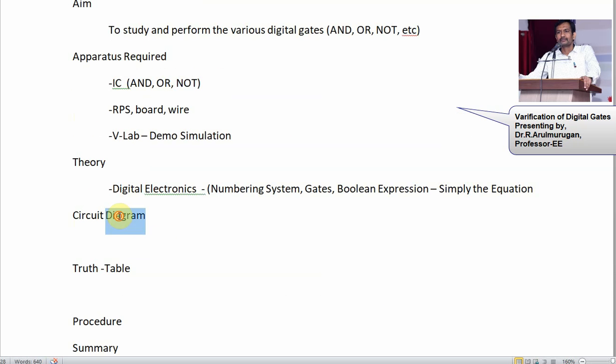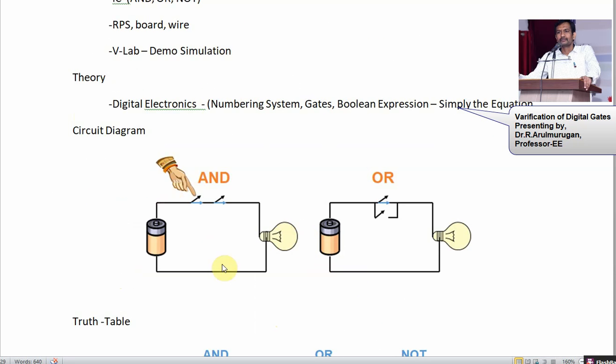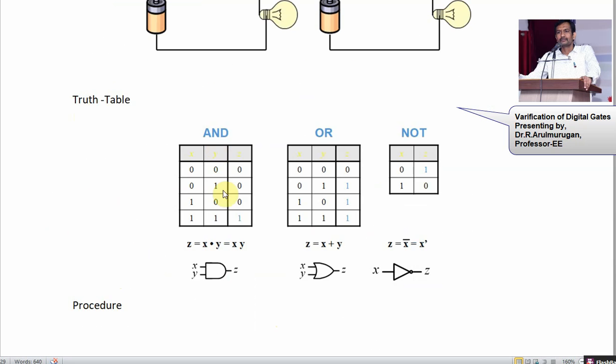Then we'll go with the circuit diagrams and truth tables. You will draw the circuit diagram and the truth table for the AND gate and OR gate, and then the symbol, which is a symbolic way of representation.